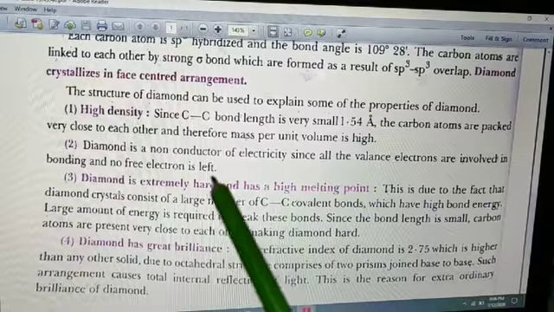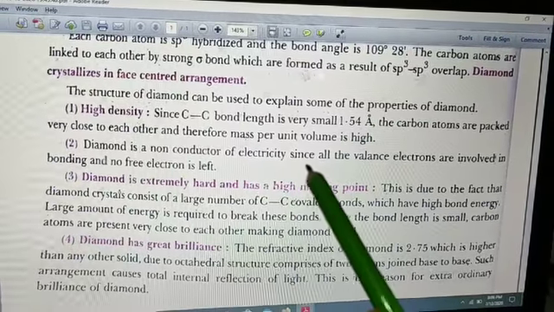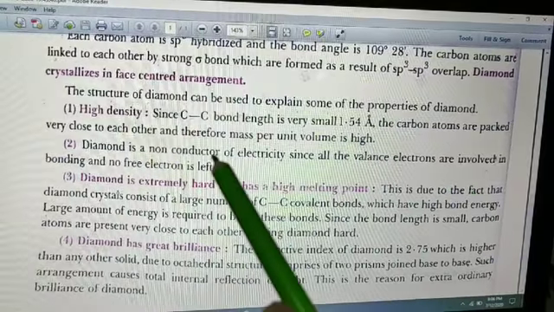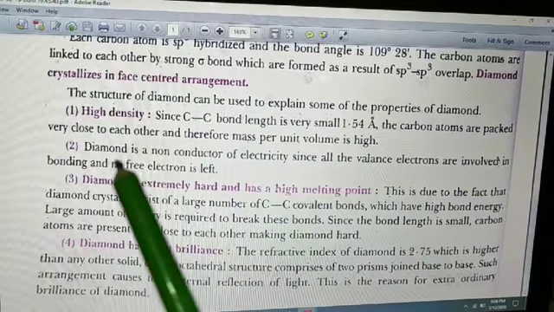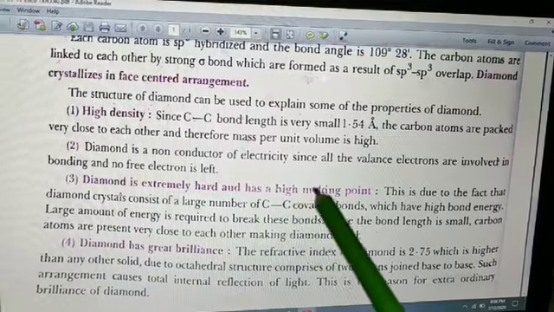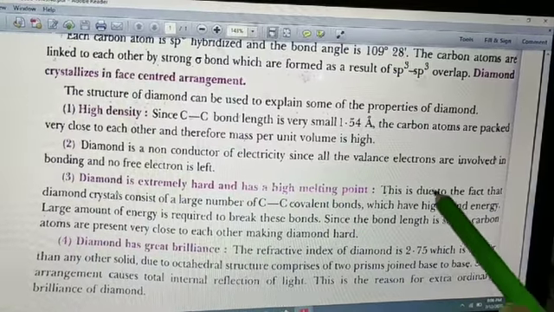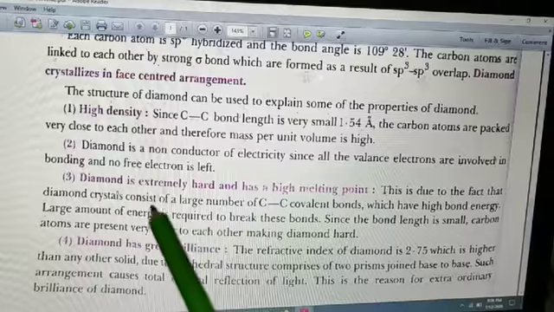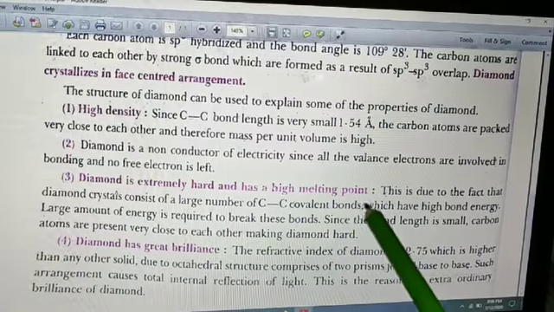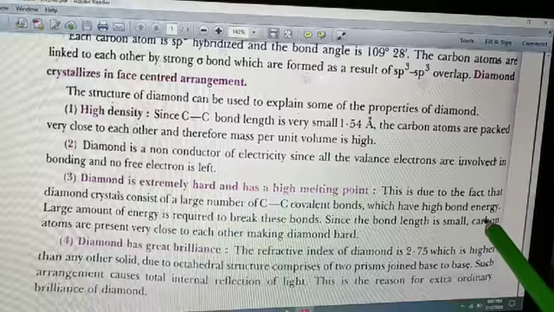Number 2, diamond is a non-conductor of electricity since all the valence electrons are involved in bonding and no free electron is left. The third one is diamond is extremely hard and has a high melting point. This is due to the fact that diamond crystals consist of a large number of carbon-carbon covalent bonds, which have very high bond energy.